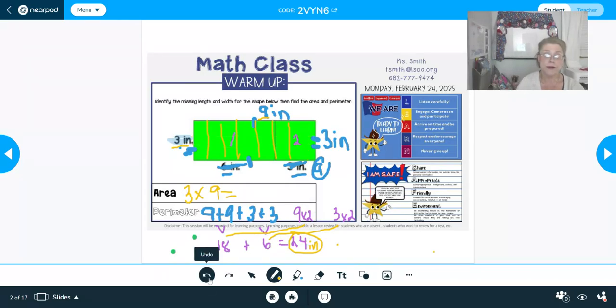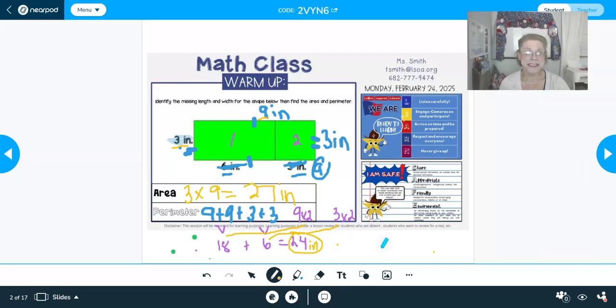That's really not how it would go down, because Ms. Smith can't draw it without Millie running out of that area. But 3 times 9, what would be 3 times 9? It would be 27 inches. We have run out of time with our warm up. So that is our area.